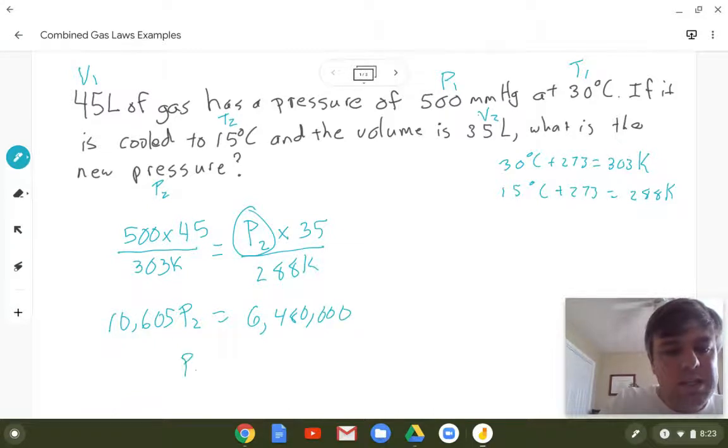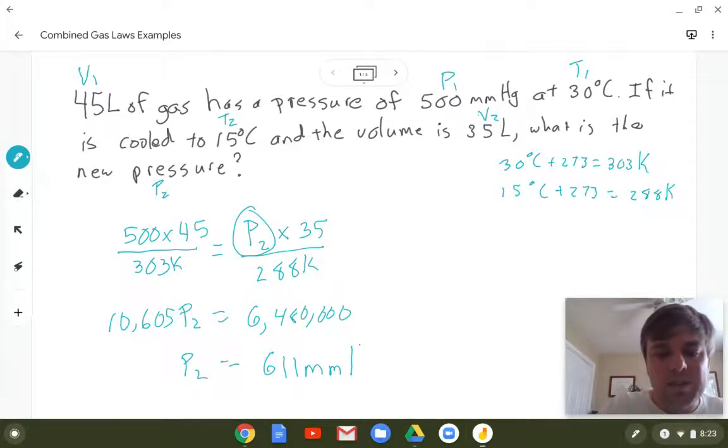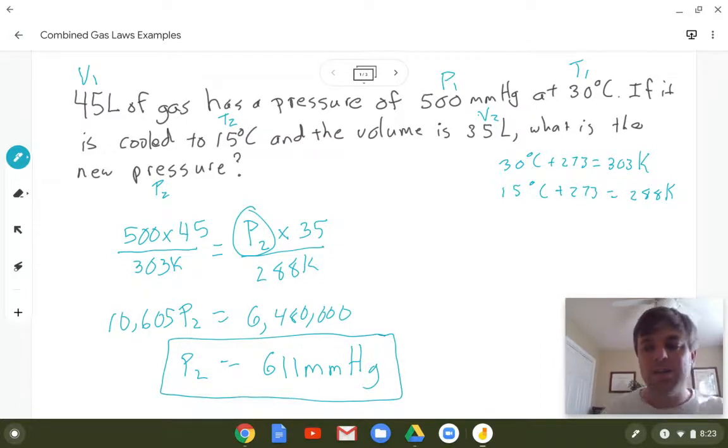And so P2, you take 6,480,000 and divide it by 10,605, and we get 611. And since our first pressure was in millimeters of mercury, our new pressure is in millimeters of mercury. And that's our answer.